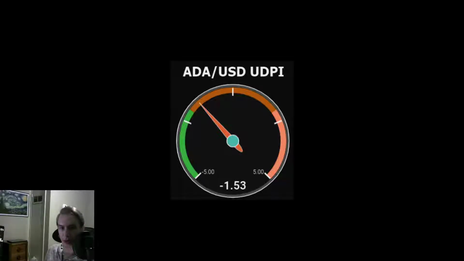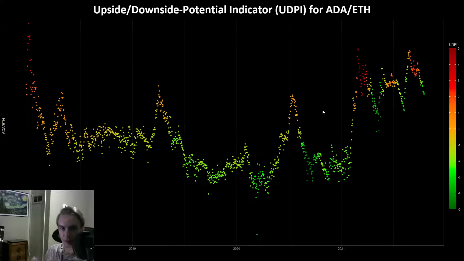This is a point where the risk-reward ratio really seems to be in your favor. So if you were to be loading up on ADA right now, the model suggests that you can expect there to be more upside potential than downside. It's a trade that might be weighted a little bit in your favor. So again, not financial advice, but that's what the model is currently suggesting.